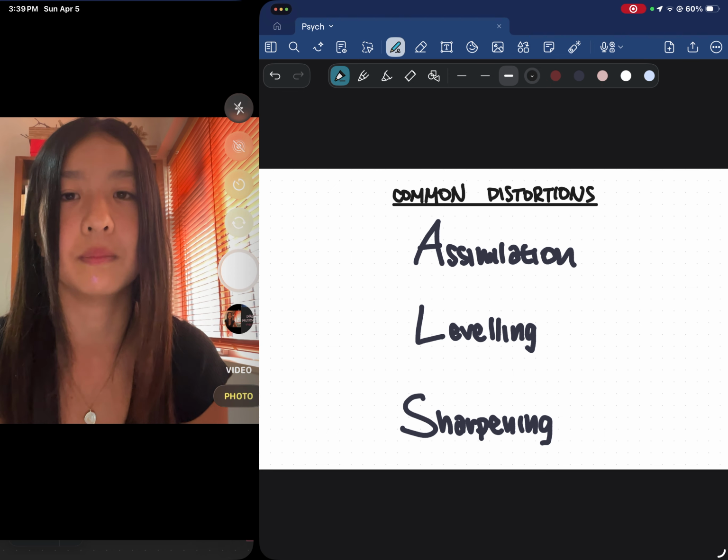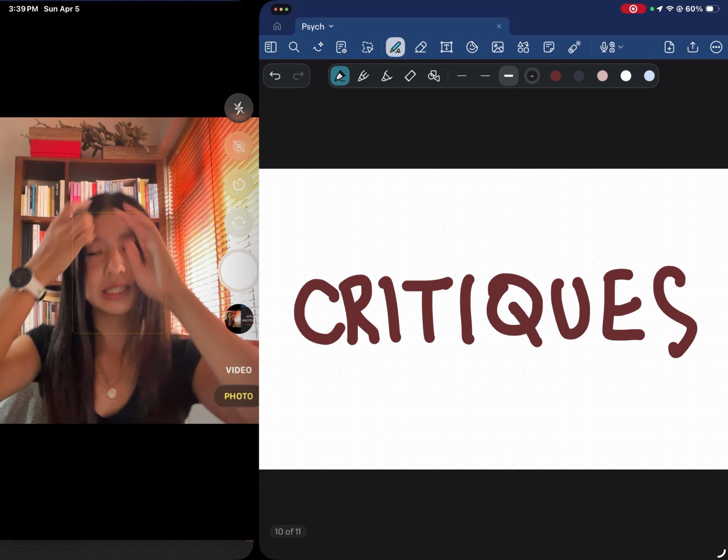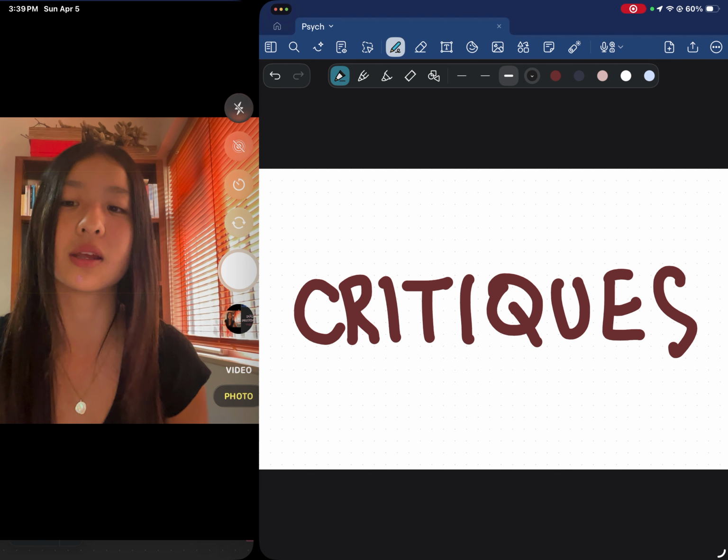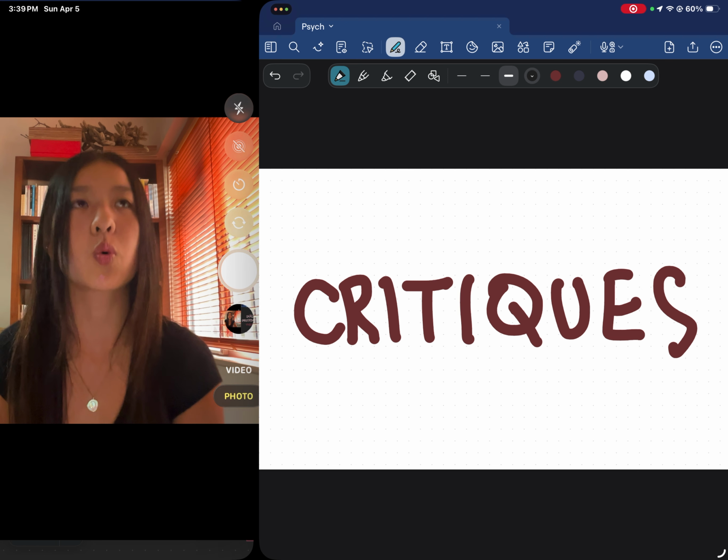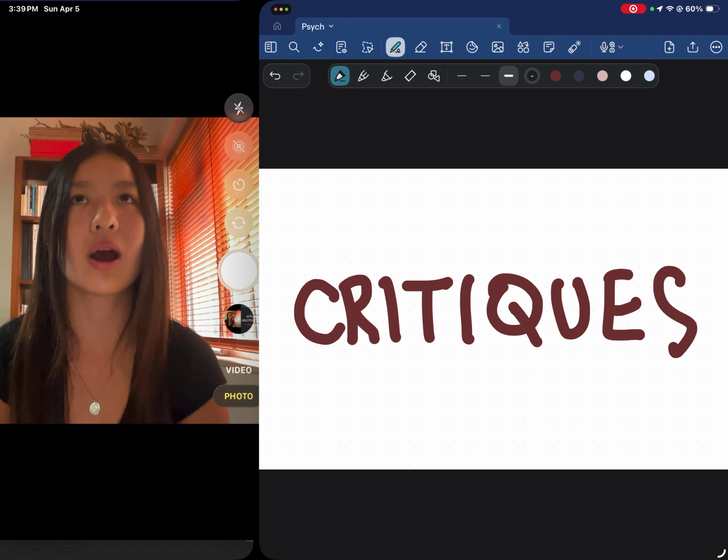So the critique of schemas and schema theory in general is that it's quite a non-quantifiable thing. We can't actually see the mental frameworks inside a person's head, so there's no way to quantifiably measure the amount of schemas or the type of schema that someone is actually experiencing.